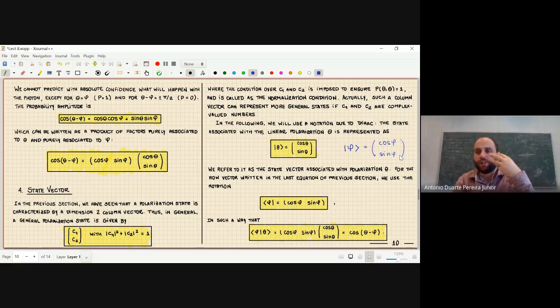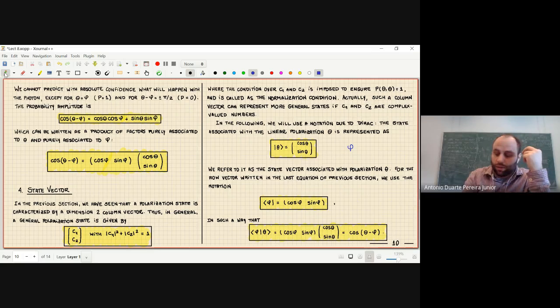So in order to represent that I'm talking about a row vector, I just write the vector, but now I write it like that. So this represents this vector here, which is a row vector with entries cosine phi and sine phi.